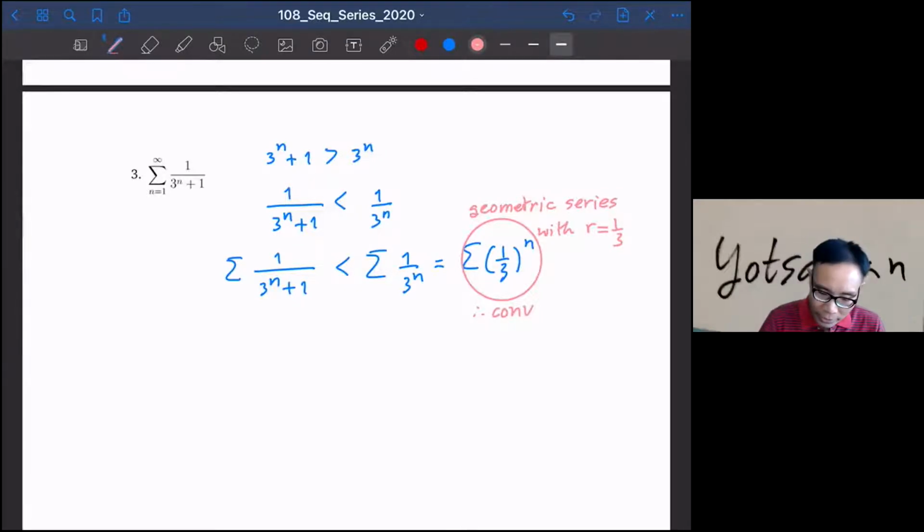So you see the series given in the question is smaller than this series, which is convergent. So you can conclude that the series 1 over 3 to the n plus 1 is convergent by the limit comparison test.